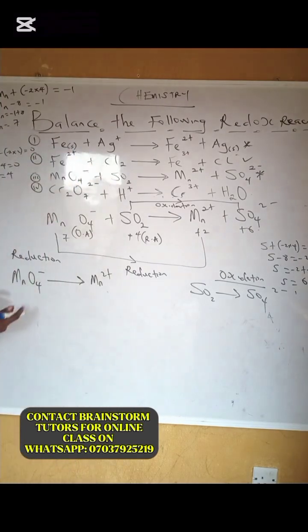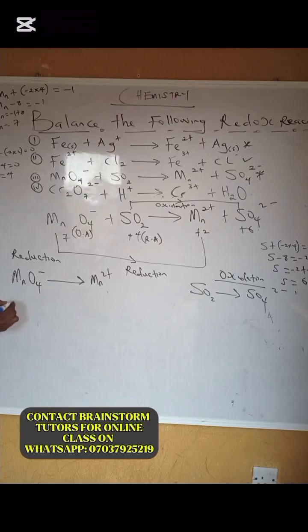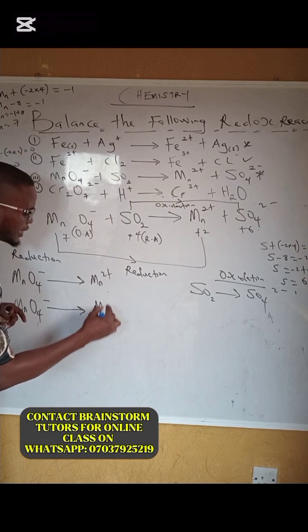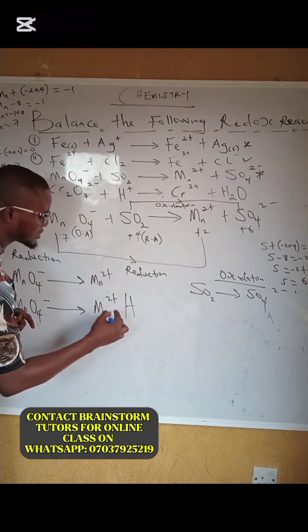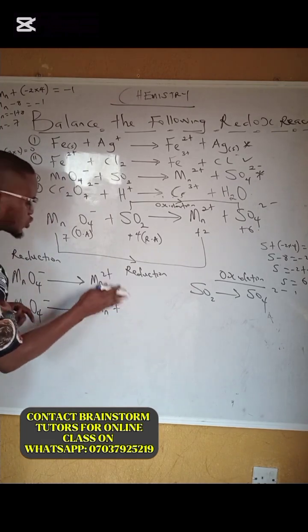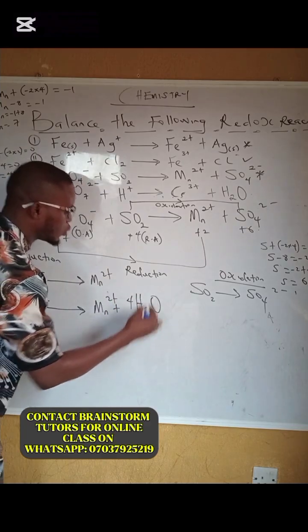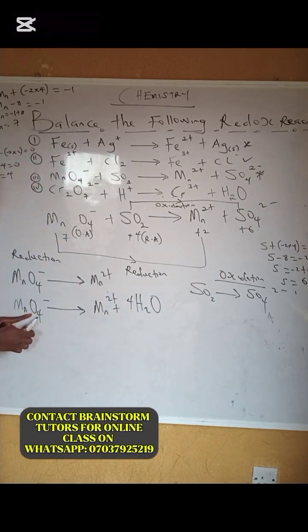To balance the oxygen, here I'm going to have MnO4 minus, and here Mn2 plus. I'm going to balance it with the water molecules, so I'm going to use 4H2O.